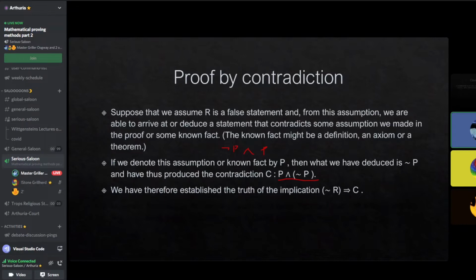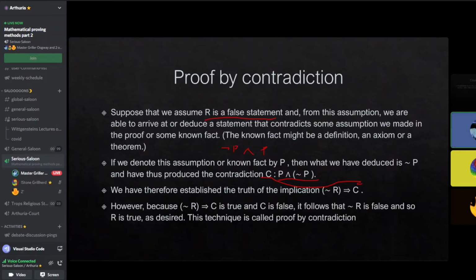Now we go into a more implicational understanding of what it means here. So we know that the statement not R, our negation, our false statement here, implies the contradiction. This is the C that I'm talking about, and R is this thing here, right? Since we have this implication, we know that the implication itself is true, because by virtue of not R, we inherently get C. And we know that C is false, because it cannot be true, since it is a contradiction.